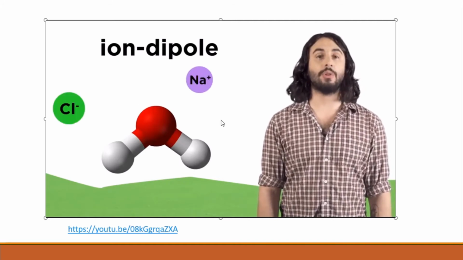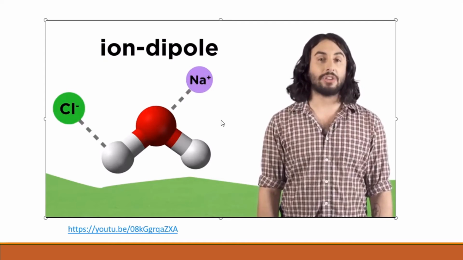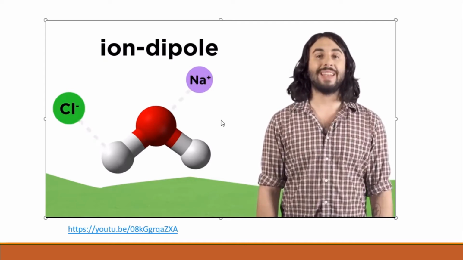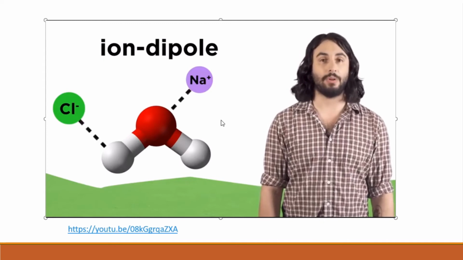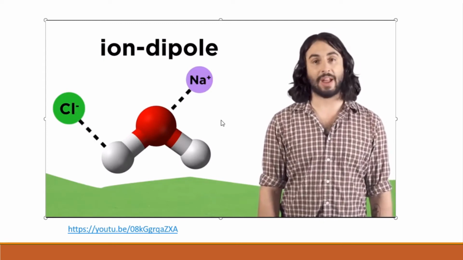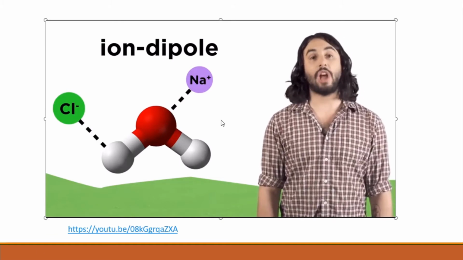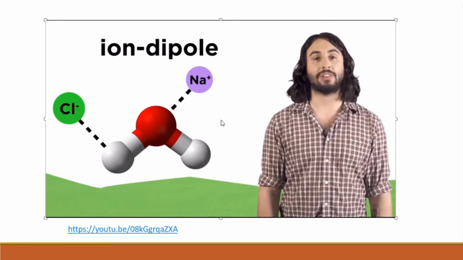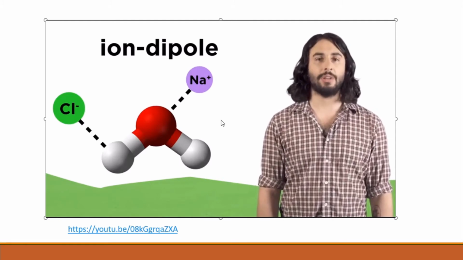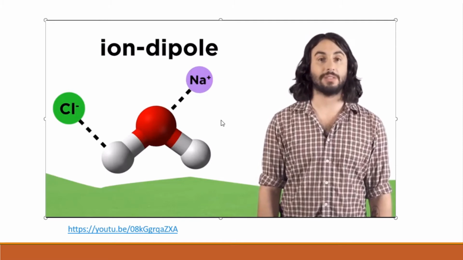So when sodium chloride dissolves in water, the sodium ions make ion-dipole interactions with the negative side of water's dipole, and the chloride ions make ion-dipole interactions with the positive side of water's dipole. Each ion can make several of these interactions, which store a lot of energy, which is why sodium chloride will dissociate in water in the first place.